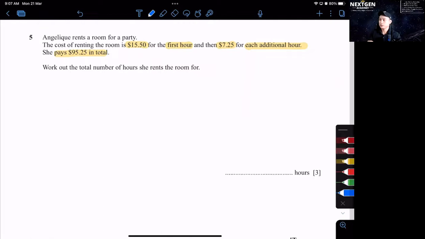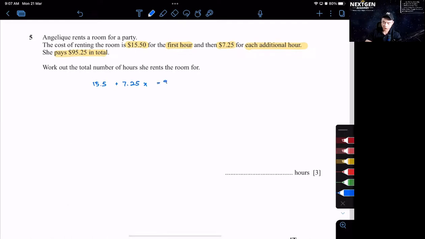So let's see. Okay, so total she paid 95.25, right? So the first hour she paid 15.50. Then each additional hour, we don't know how many more hours that she rented for. So let's just put 7.25 times x, x being the additional hours.